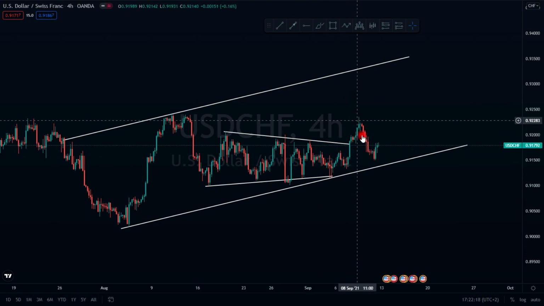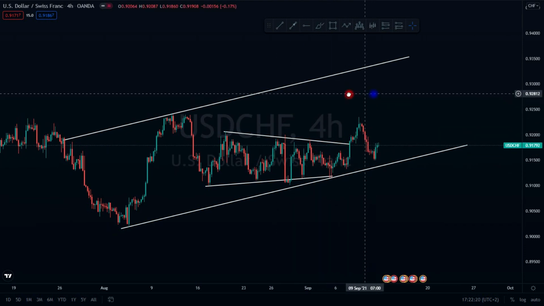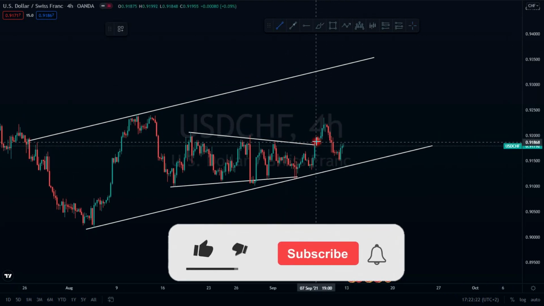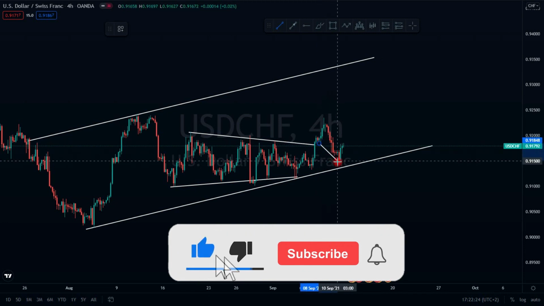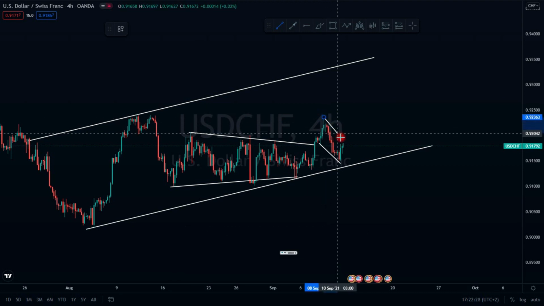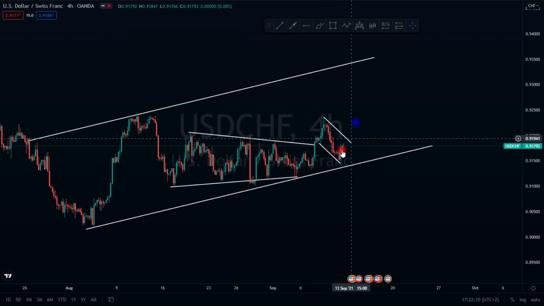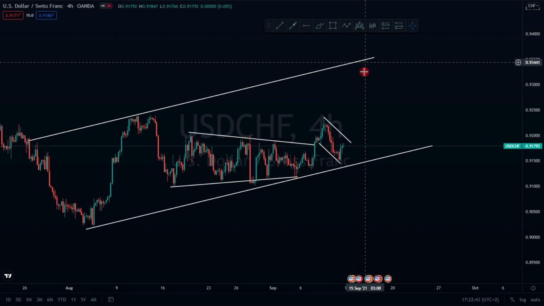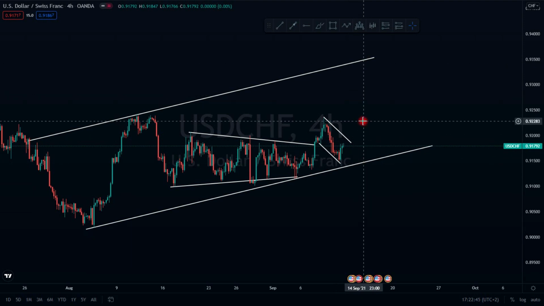Currently the market is outside this minor channel here, and then it's kind of creating something again from here. If we can pay attention, we are having something like this. So now my anticipation is that once this breaks here, we will continue going up. Unless the market gets to this point, comes back again down here, it will give us a double bottom, and then now we can continue going up. Let us switch to a smaller time frame to see those possibilities.